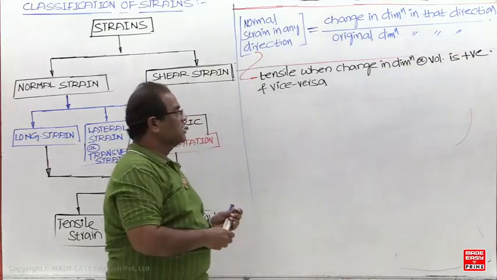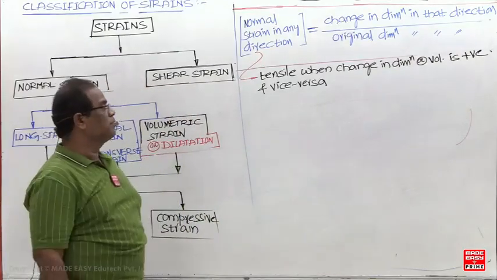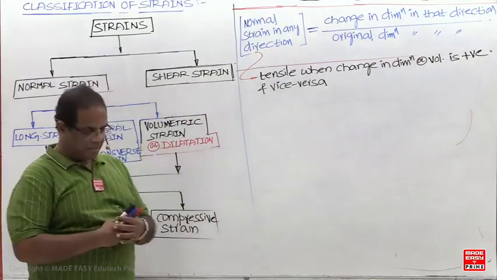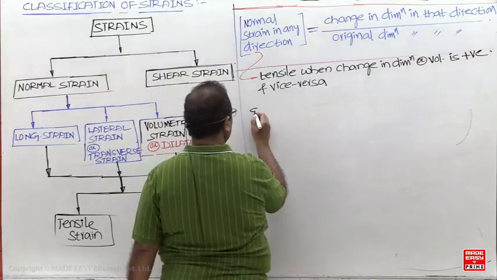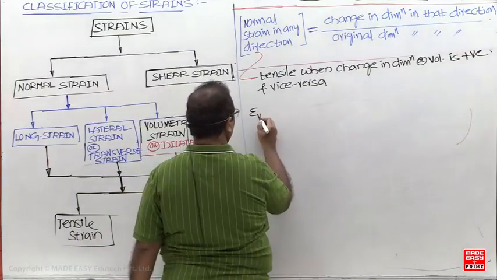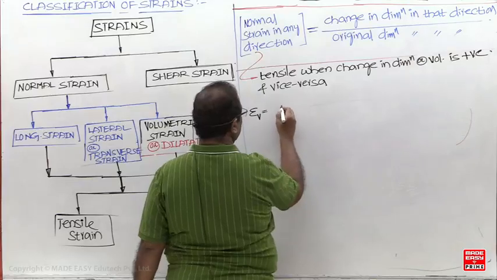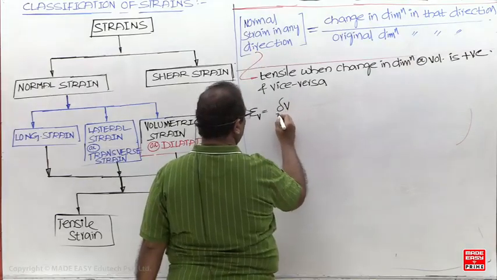The strain is tensile when change in dimension or change in volume is positive, and vice versa. What is the volumetric strain? Change in volume upon original volume.